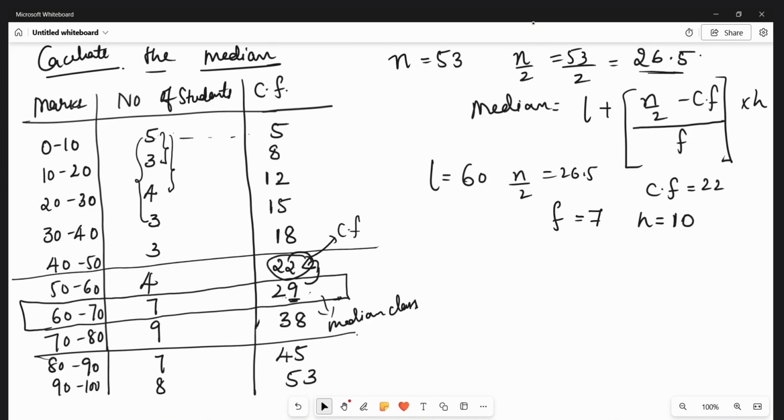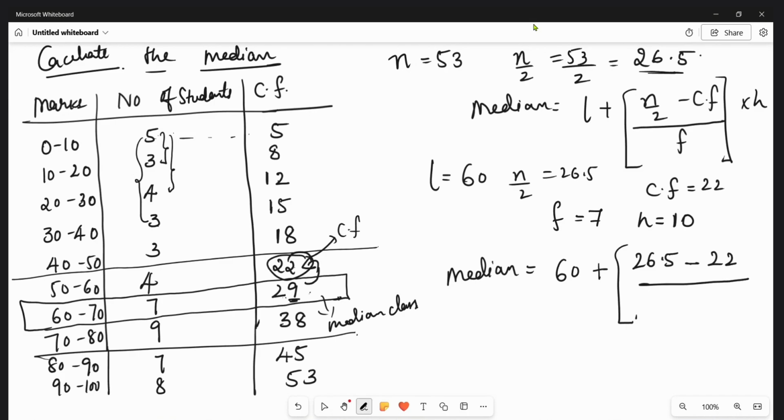Now substitute the values and calculate. Median is equal to 60 plus (26.5 minus 22) divided by 7, into 10, which is 60 plus 4.5 into 10, 45, by 7.